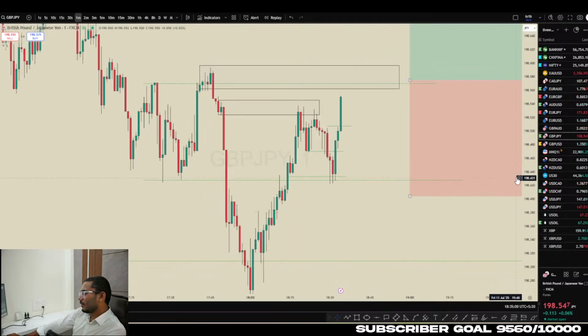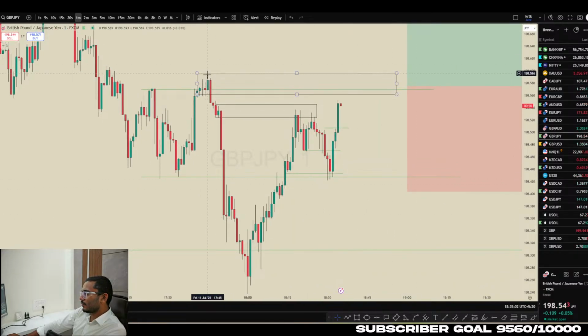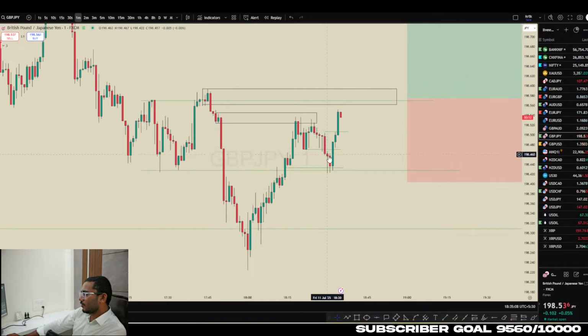Now we have to understand this because of this structure. Price needs to collect all the orders from the downside to break this previous high. We can see this candle swept out liquidity and broke the structure to the downside.